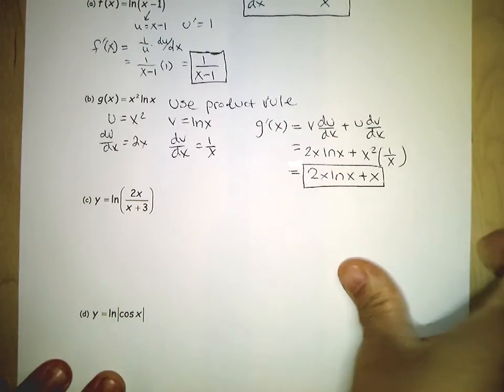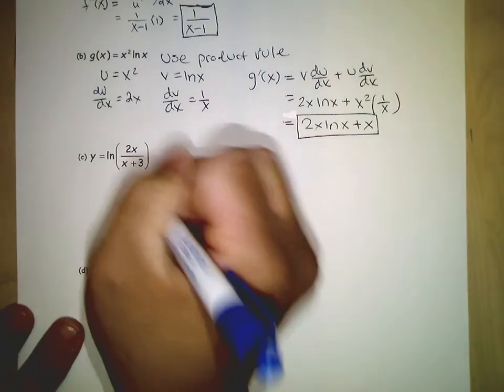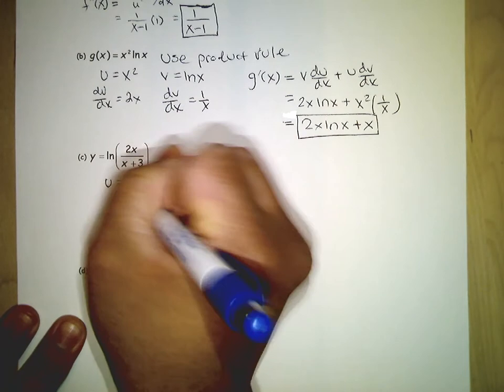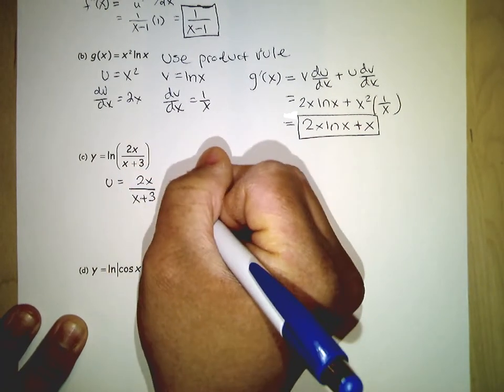Now, what a time to be alive. Let's try another example here. You have y is equal to natural log of 2x over x plus 3. So u could be 2x over x plus 3. Then you need to use the quotient rule.